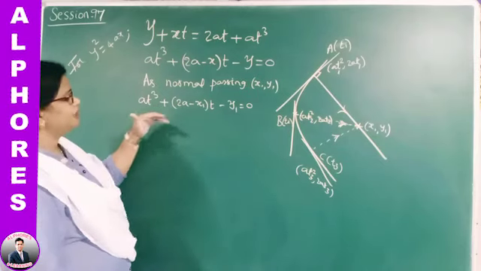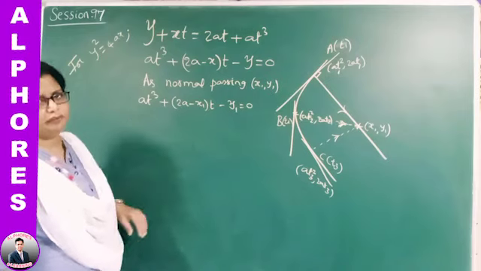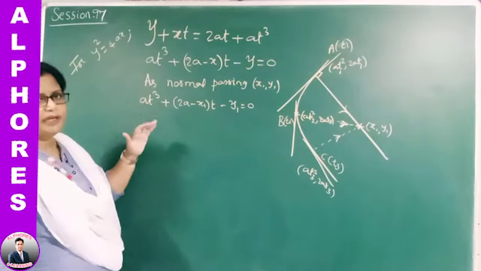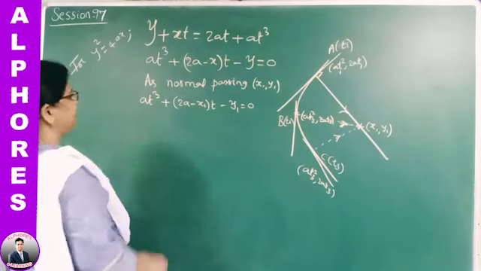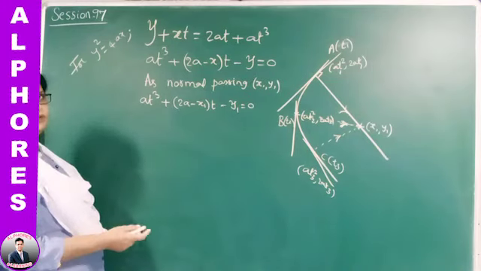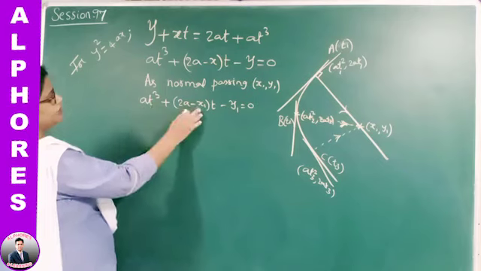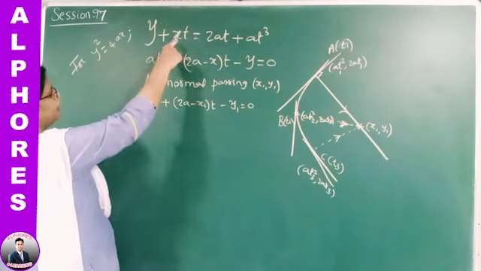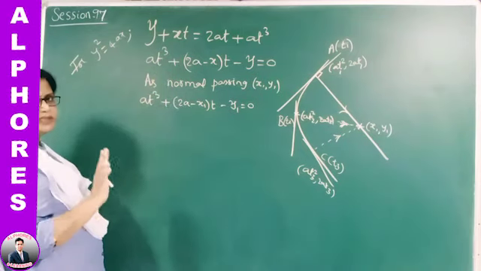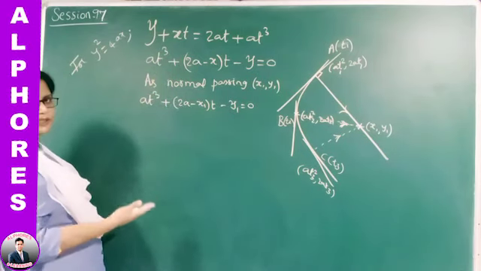Now let us observe the nature of this cubic equation. All of you are aware of how to write the sum of roots, product of roots, etc. Suppose we take t1, t2, t3 as the roots of this cubic equation. This is our normal equation and suppose 3 normals exist.